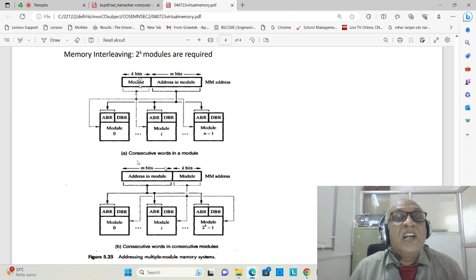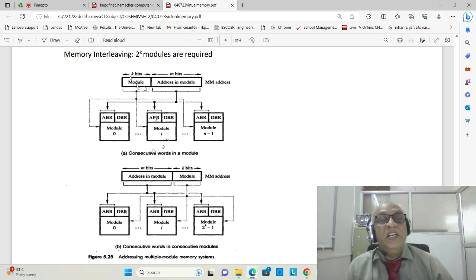Which module is to be selected will be determined by the first k bits, the leftmost k bits, or you call them MSBs. Once you select the module, within that module the next m bits will decide which address, which location in that module. So here the reading of the content in the memory modules goes top to bottom like this, and at one go only one module is referred. There is no concept of parallelism being achieved, no concept of interleaving being achieved.